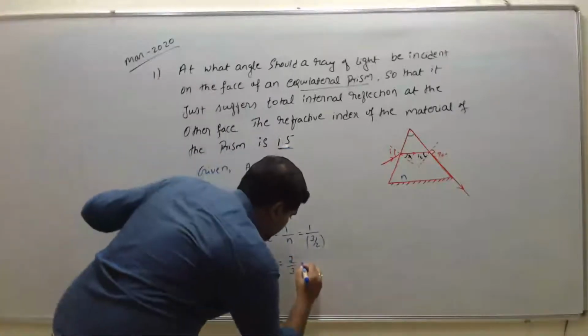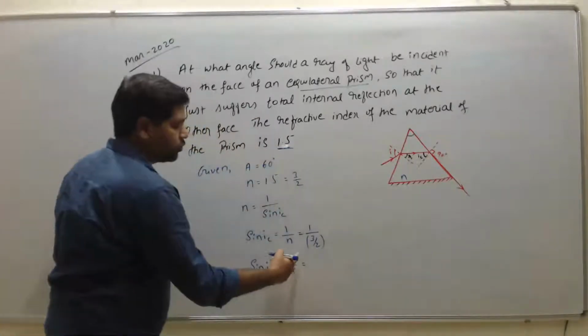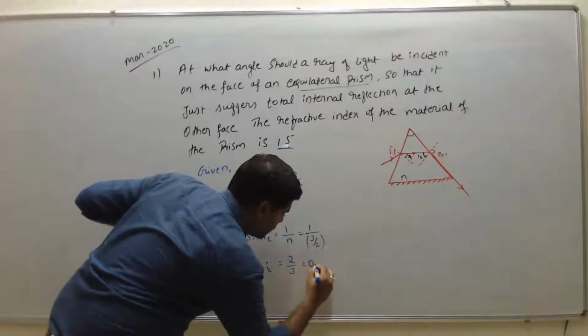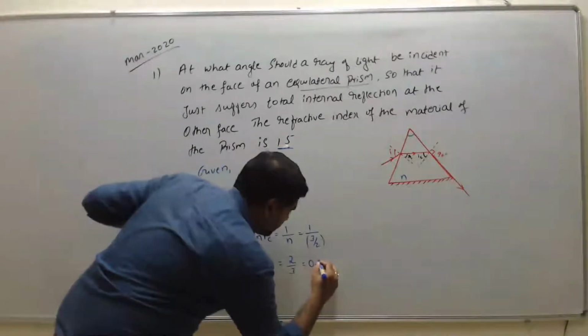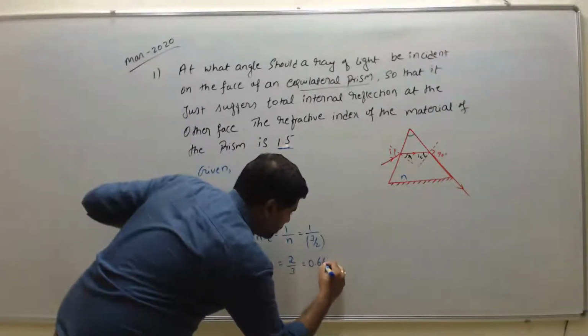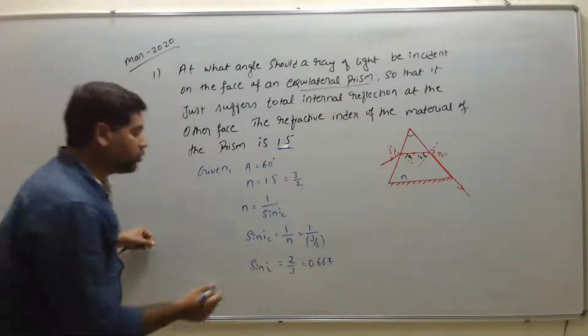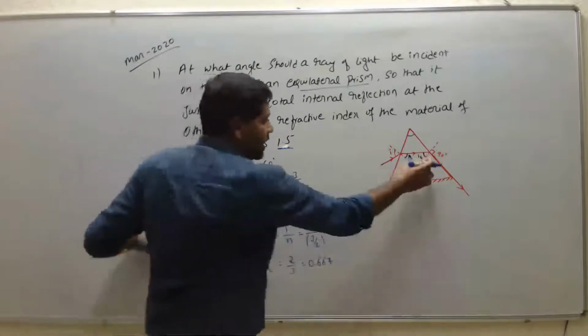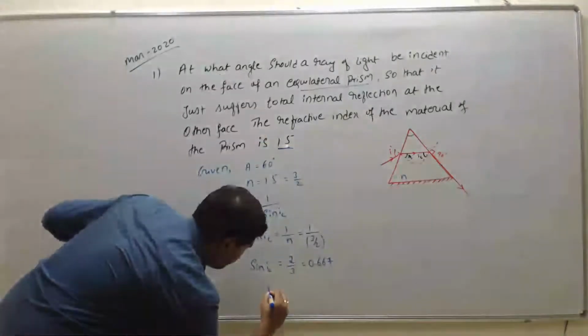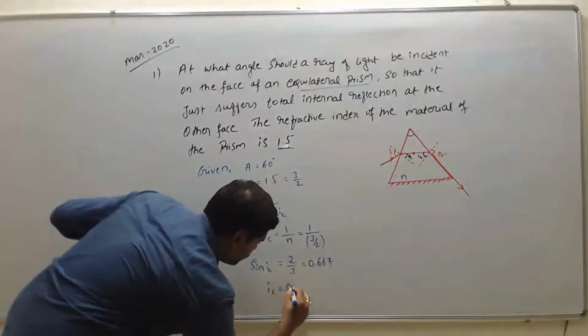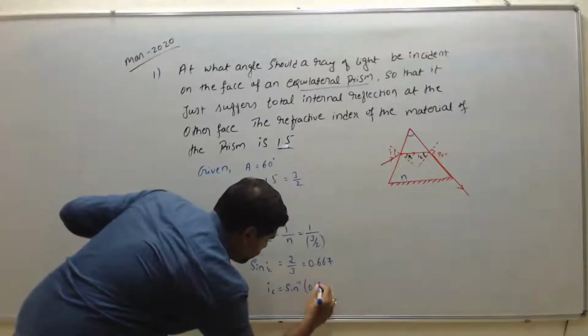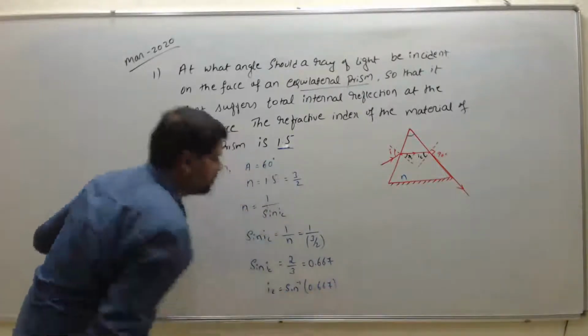So 2 divided by 3 becomes 0.667. We need the critical angle iC, so iC is equal to sine inverse of 0.667.